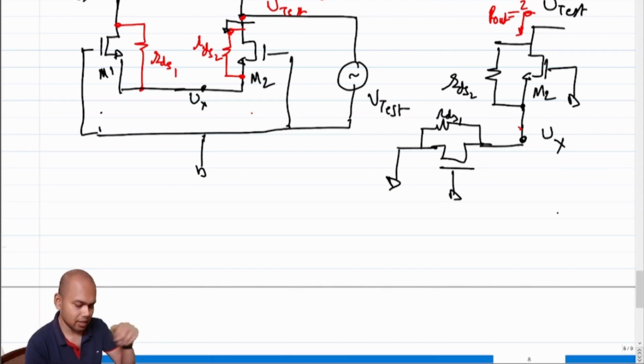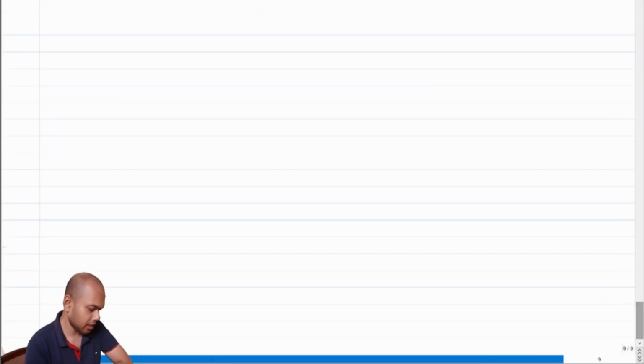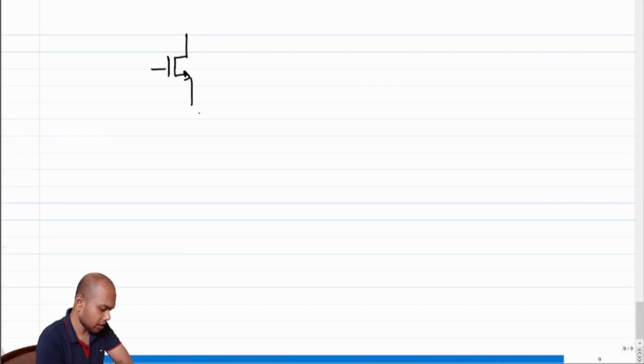Have we found the output resistance of this contraption before? Looking into the drain, let's say this is some R0.